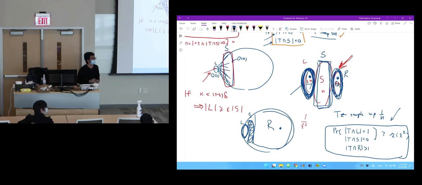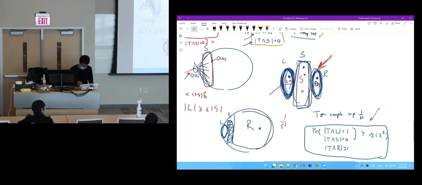What if we sample with probability 1 over epsilon? Then it will be very likely that you sample some node in S. But I guess, according to our previous discussion, we need to sample with probability 1 over L instead.